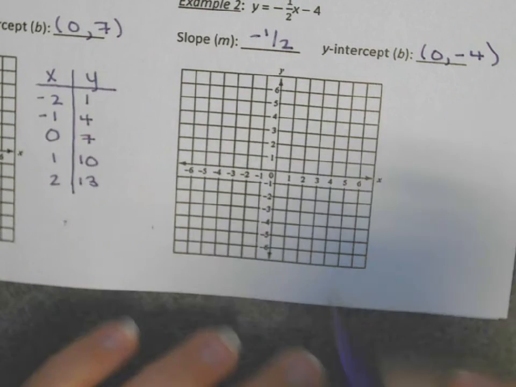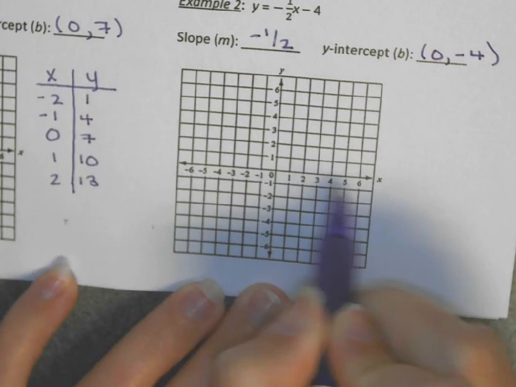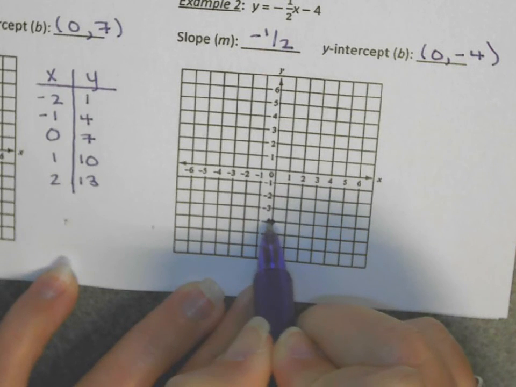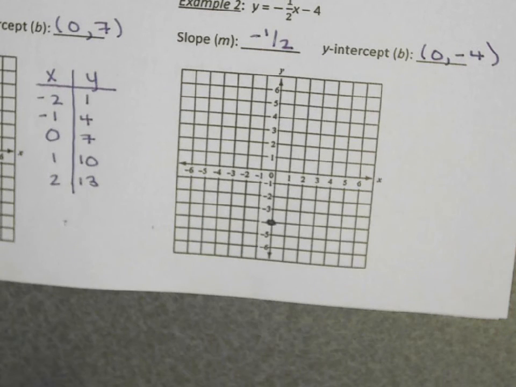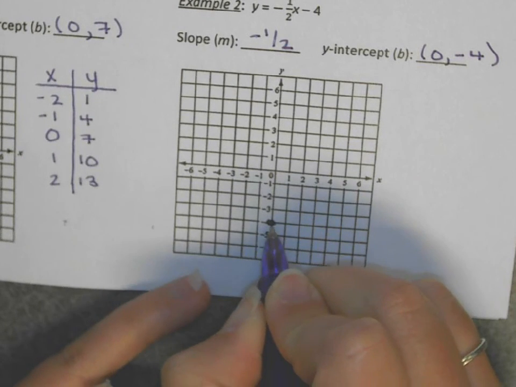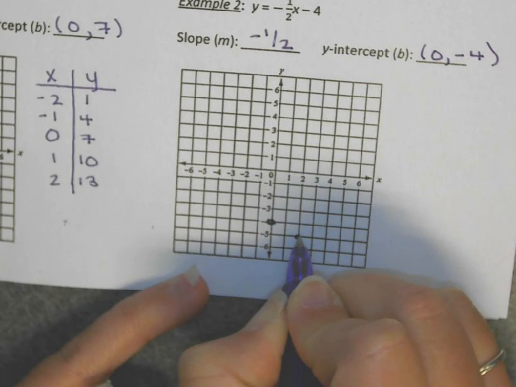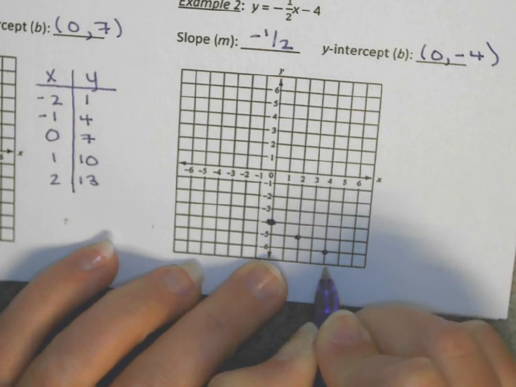I'm going to plot that y-intercept. So remember, I don't go left to right at all, 0, down to -4. There's that point. Okay, now I have to find more points, though. Yep, I could go down 1, right 2, or once I run out of space when I do it that way, where do I go?